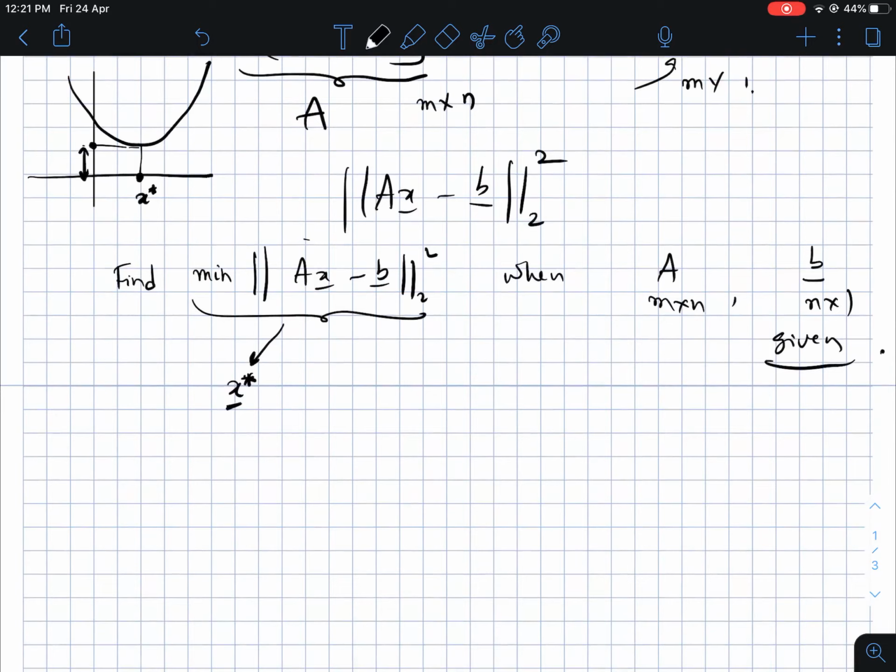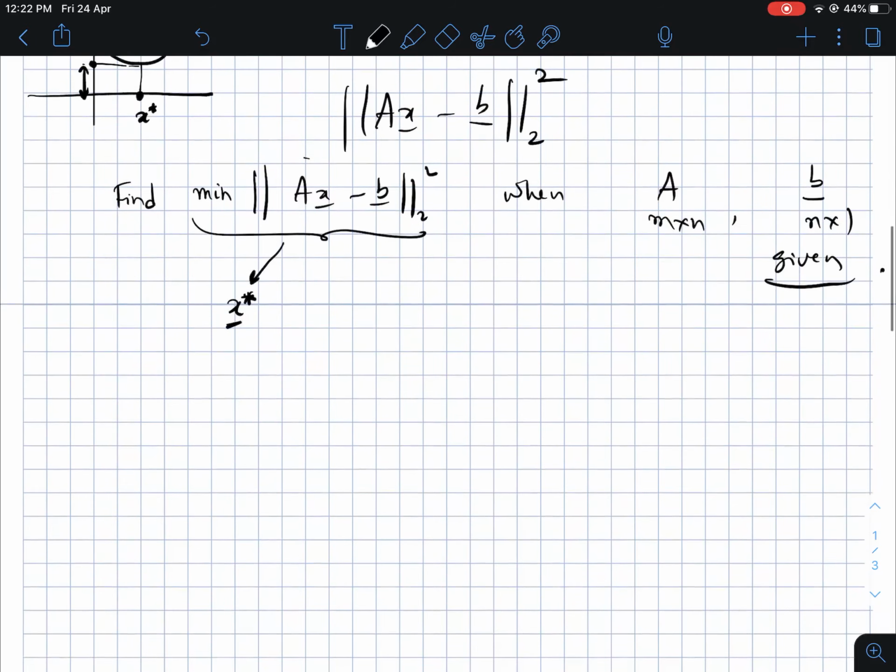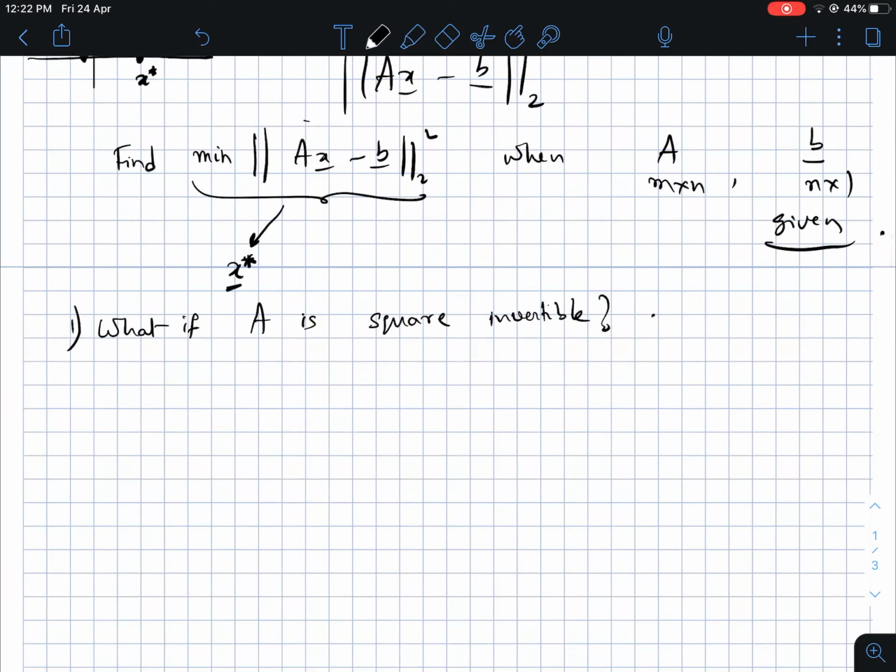Now let's do some very preliminary analysis on this problem. First, what if A is square invertible? If A is square invertible, then you could potentially make this least squares expression equal to 0, correct?